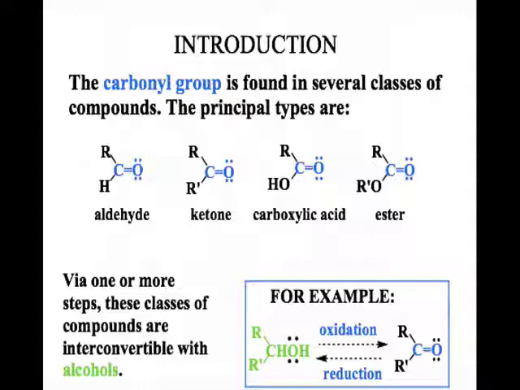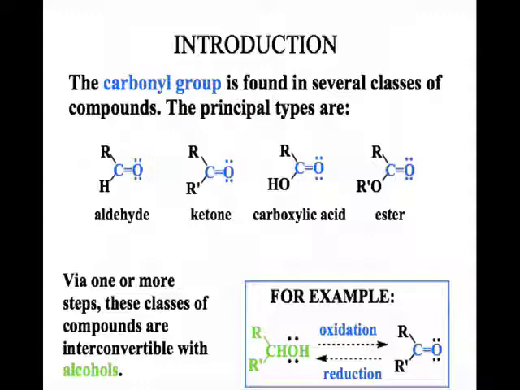If I take an alcohol, and imagine removing these two hydrogen atoms and replacing them with a pi bond, that's an oxidation reaction because we're removing hydrogen from a molecule. You can get to, in this case, a ketone. Likewise, we can imagine adding hydrogen across this carbon-oxygen double bond and getting an alcohol. So alcohols can be oxidized to ketones, and ketones can be reduced to alcohols.